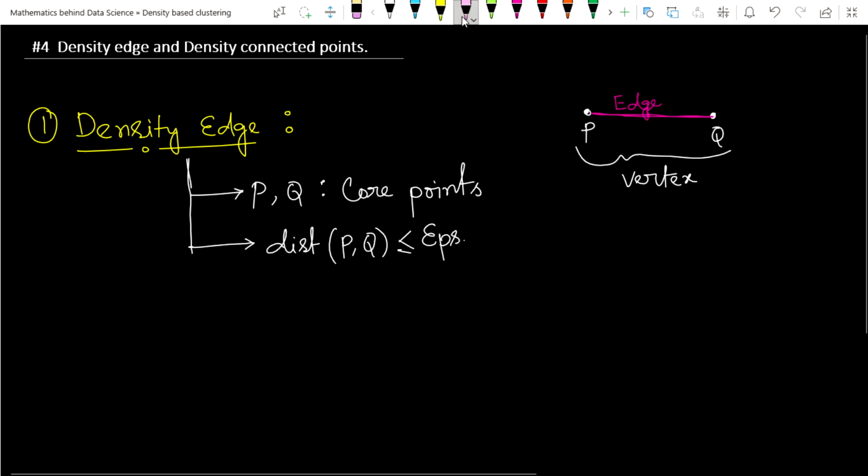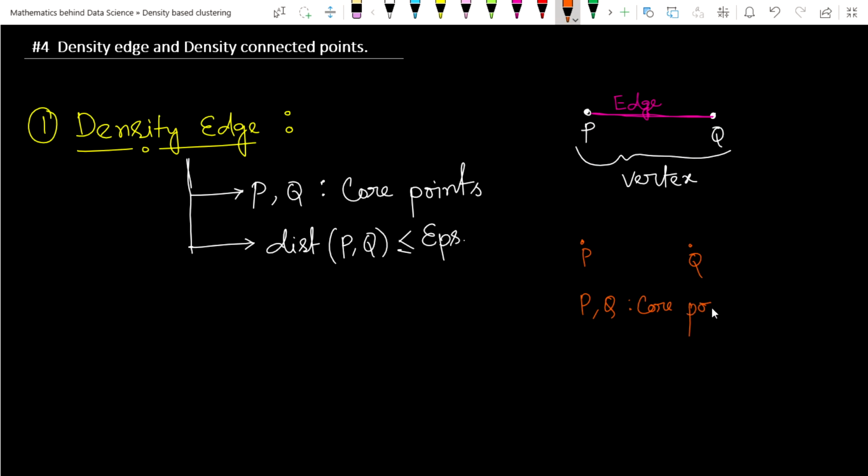Suppose this is P and this is Q, and P and Q are core points.